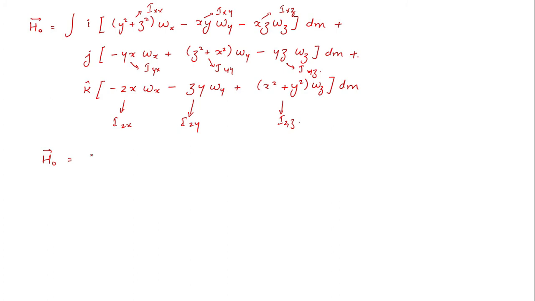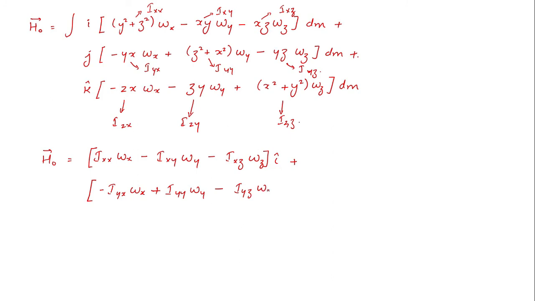So HO or HG, both will have the same format, and can be given in terms of the inertial properties as Ixx into omega x minus Ixy into omega y minus Ixz into omega z into i cap, plus minus Iyx into omega x plus Iyy into omega y minus Iyz into omega z into j cap, plus minus Izx into omega x minus Izy into omega y plus Izz into omega z into k cap.